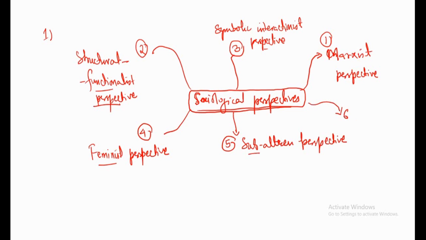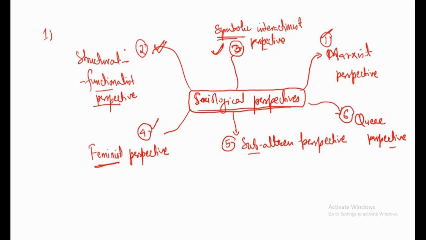Number six, we have the queer perspective, and like that we have a number of other perspectives. We can have a number of other perspectives, but these are some of the important perspectives that I have enlisted. These three, number one, two, and three, are the main perspectives in sociology. And the feminist perspective nowadays is also gaining popularity.